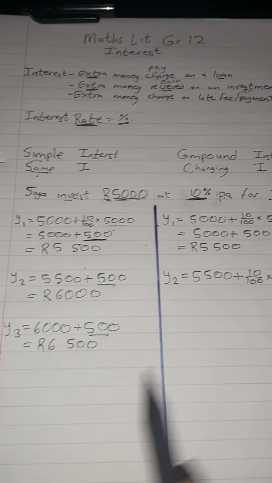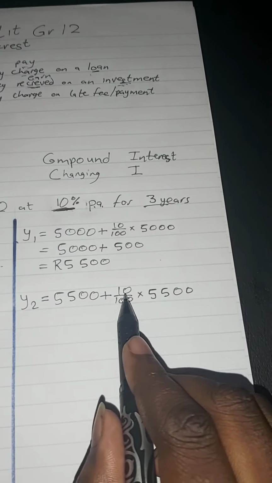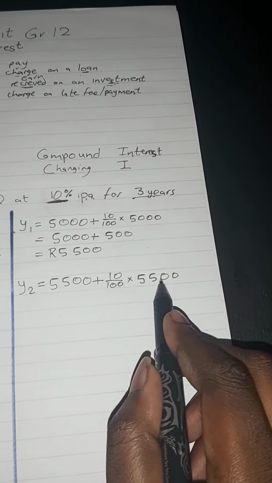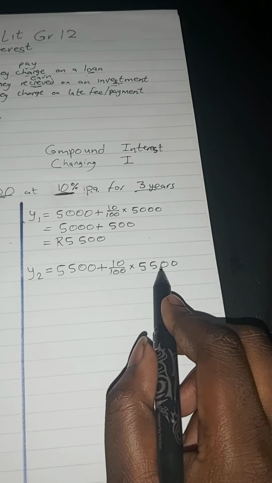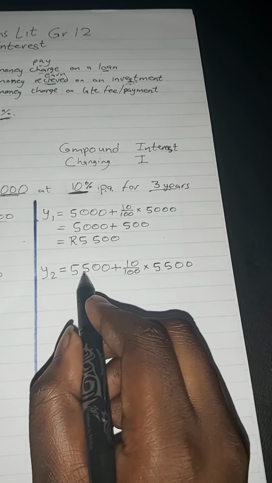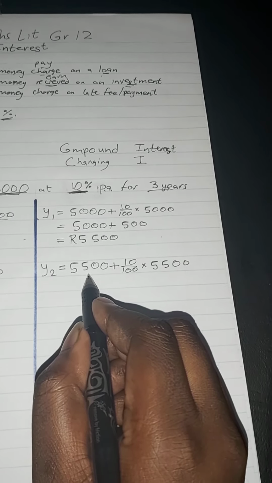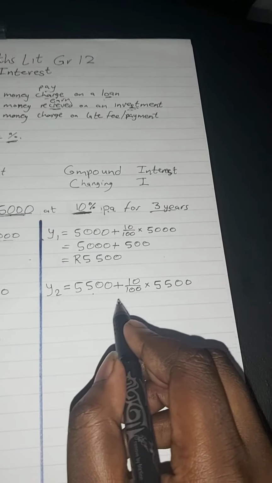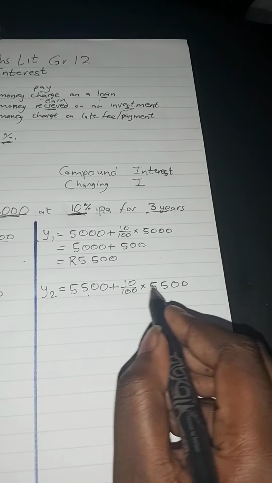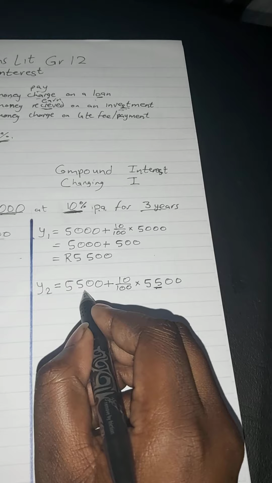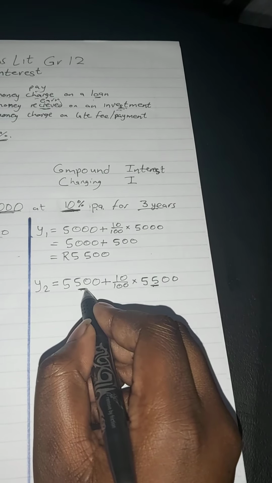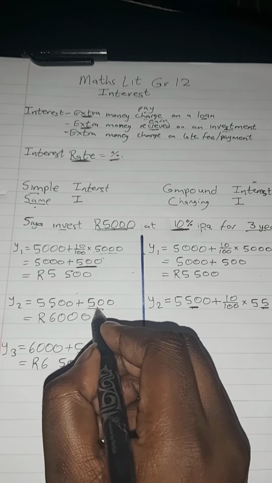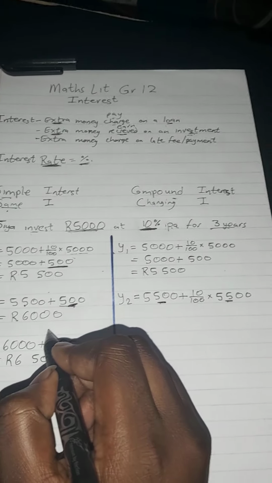But here, it's going to be 10% of 5,500. So in compound, we are using the interest for the present or the current amount. I hope that makes sense. I repeat, for a compound, we want interest for the current or present amount, unlike simple, whereby we use the same value for the interest.